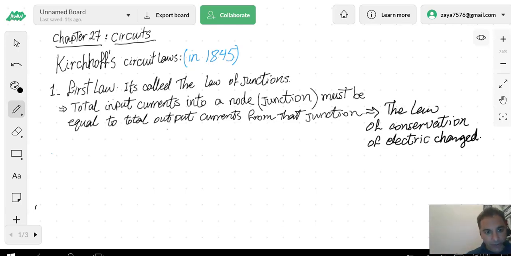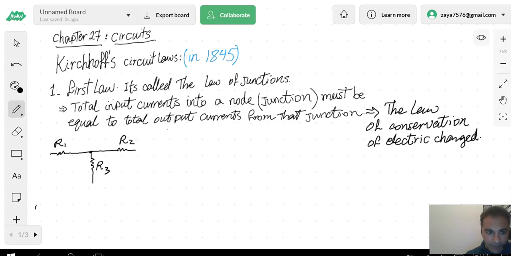What is a junction? Look guys, imagine here you have a circuit. This is a resistor. Let's say this is also a resistor. Let's say this is R1, this is R2, this is R3.